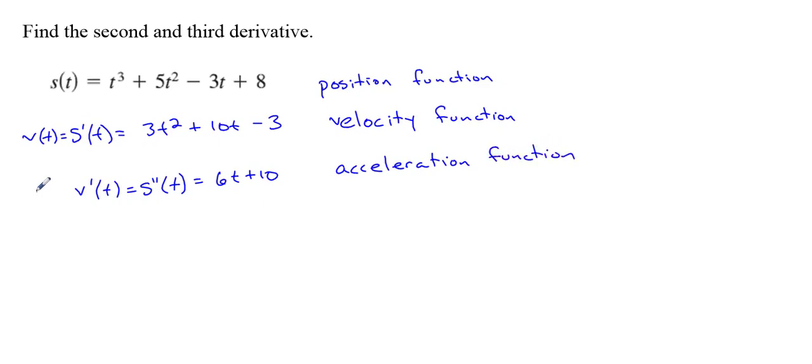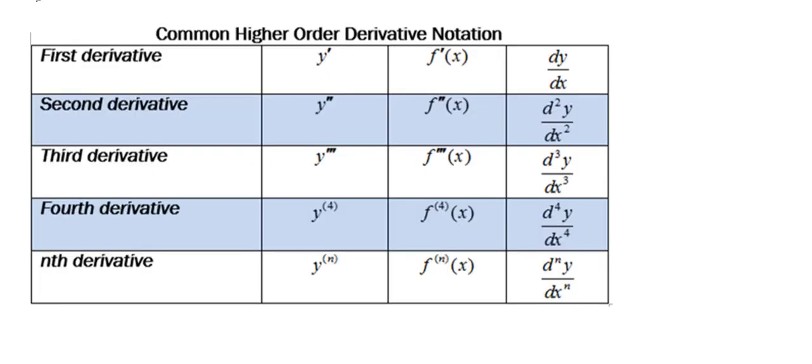And this would be a of t. What would a prime of t, which is s triple prime of t, be? 6? I think they call this jerk, don't they? I think. I don't know. So here we go. I mean, it's basic, guys.